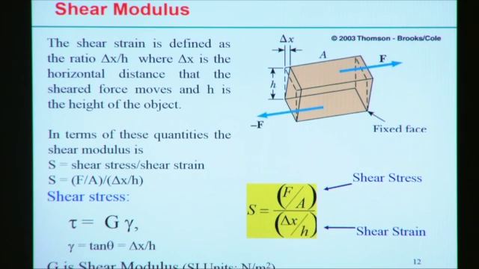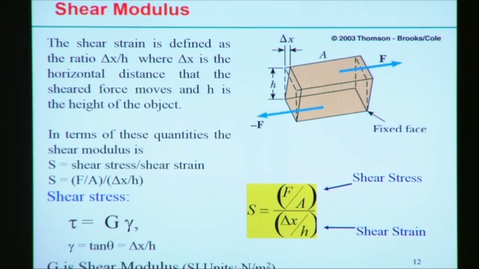In this case the shear strain can be defined as delta x divided by h, where delta x is the horizontal distance that the shear force moves, and h is the height of the object. Therefore, the shear modulus is basically the ratio of the shear stress and shear strain.